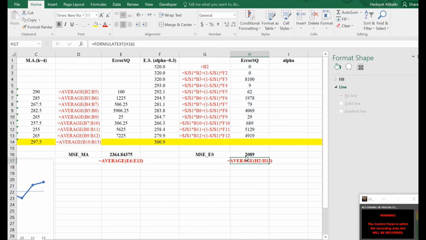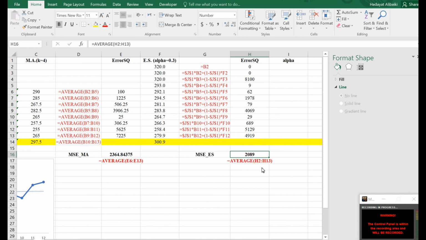It's not wrong. But the one we had before, H6 to H13, is definitely the best way of comparison, because you're comparing apples to apples.